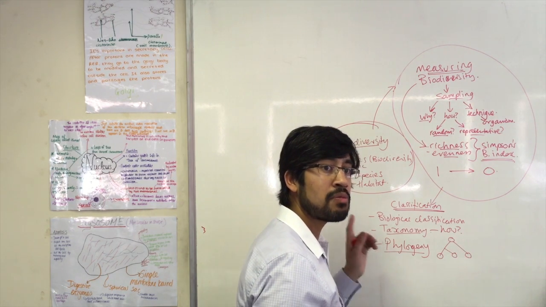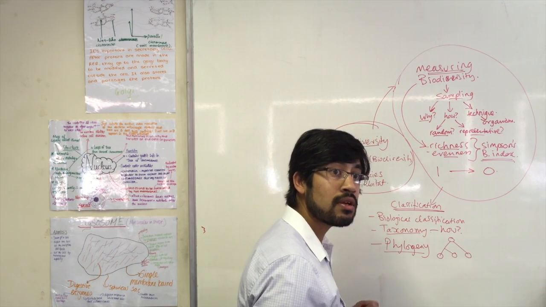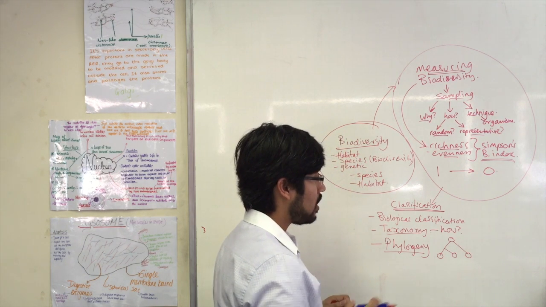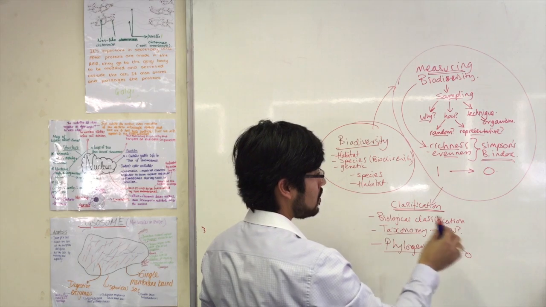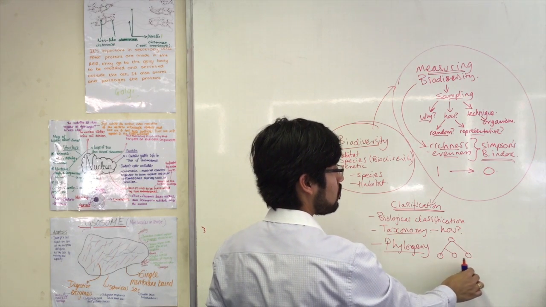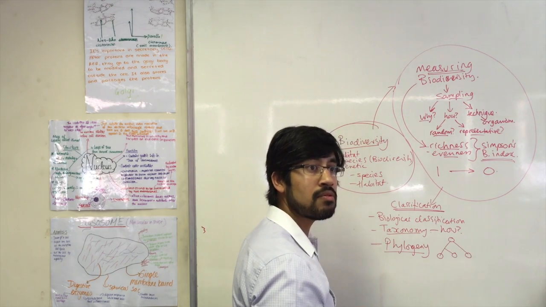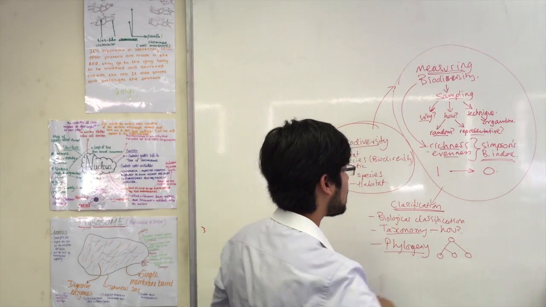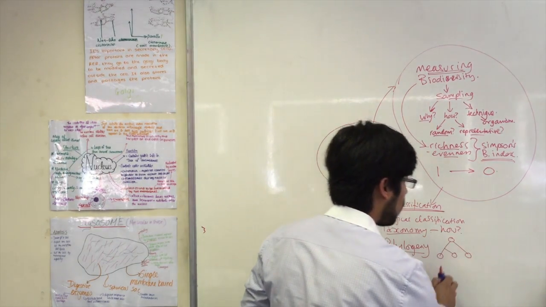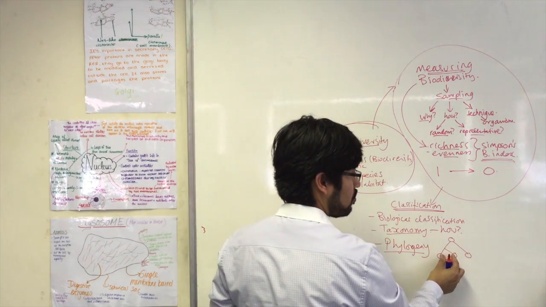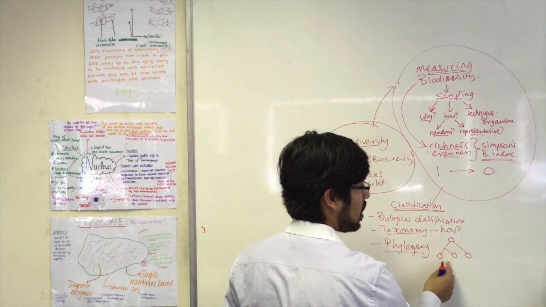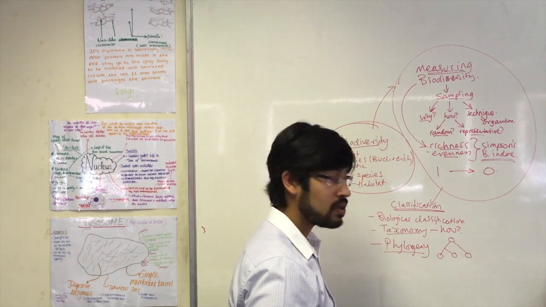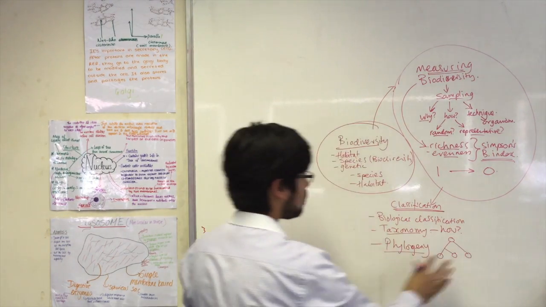That is taxonomy or phylogeny? Taxonomy. Correct. That is taxonomy. But if I say, these organisms are much more similar to each other than they are to this group of organisms, that's phylogeny. Okay? So just bear that in mind.